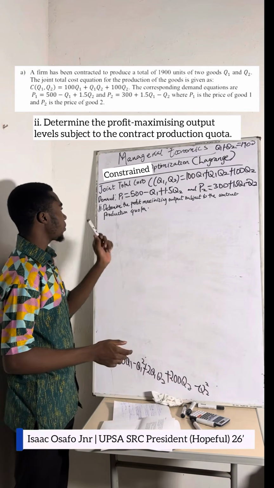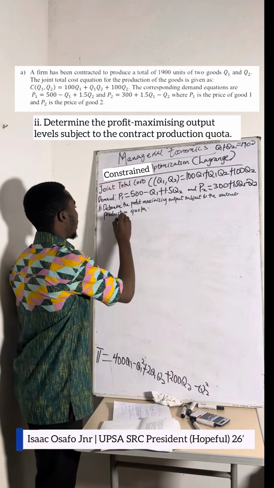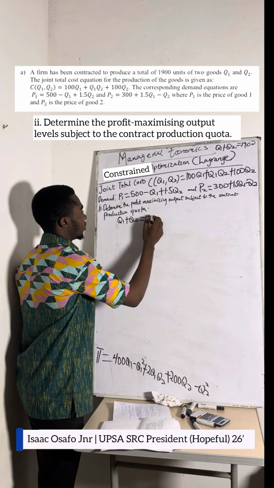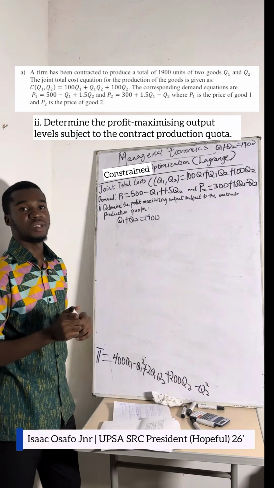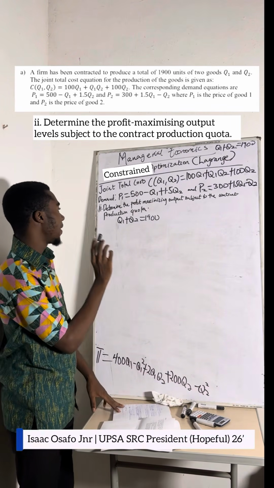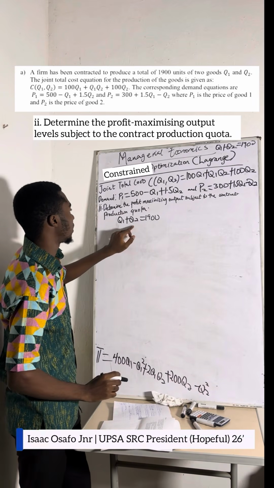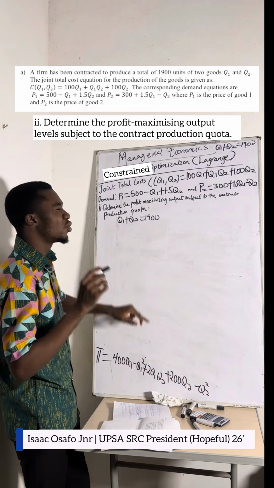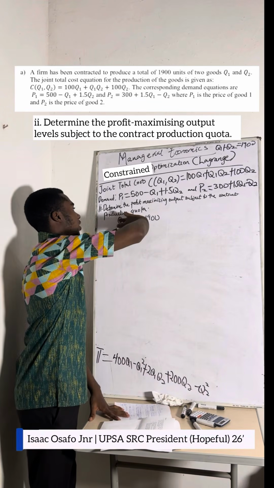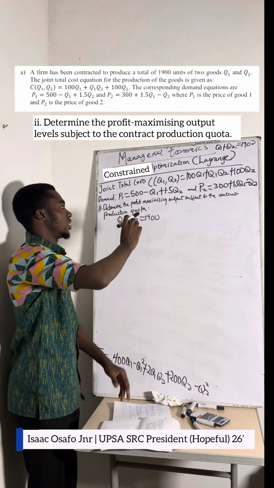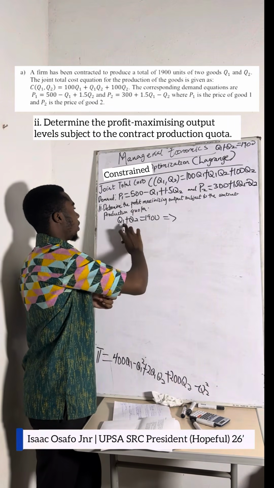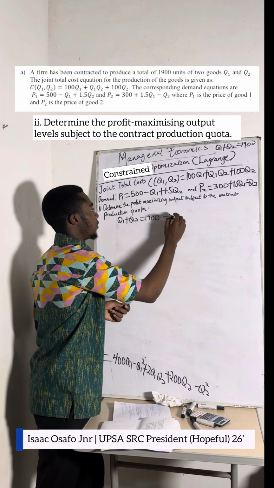So now we already have Q1 plus Q2 is equal to 1,900. And please do it exactly how I'm doing it, else you might get a wrong answer. Do you get it? So now when you know that your Q1 plus Q2 is equal to 1,900, equate it to 0. Do you get it? But then send this part across the equal to sign. So now this Q1 plus Q2 is going to vanish, so it's only going to be left with 0 here.